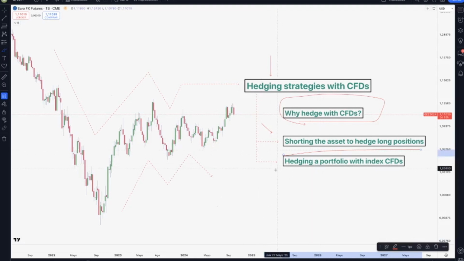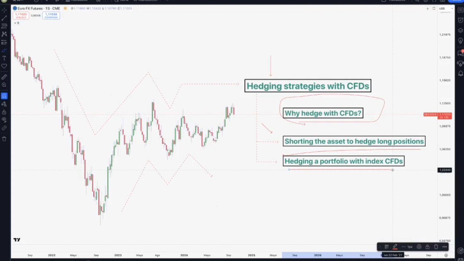Another very common strategy is hedging a portfolio with index CFDs, okay? So instead of hedging individual stocks, traders often hedge their entire stock portfolio with index CFDs. This is particularly useful if the trader expects market-wide risk, for example a financial crisis or, unfortunately, geopolitical events, as we are facing right now. So for example, you have a diversified stock portfolio worth 50,000, right?